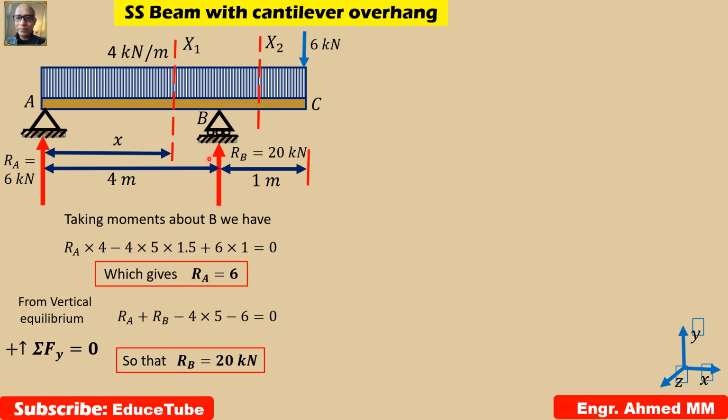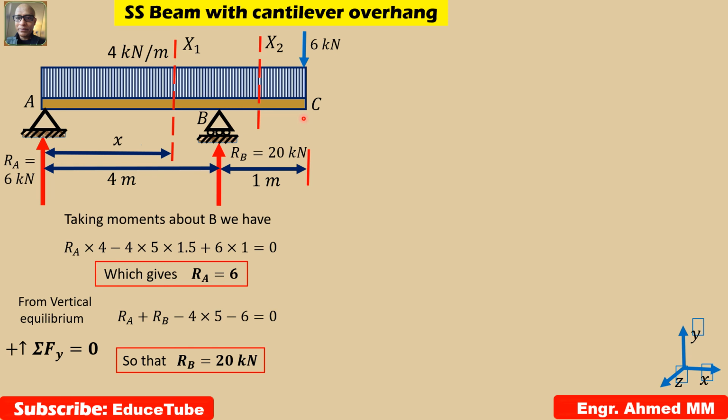Now the support reaction at B produces a loading discontinuity at B, so we must consider the shear force and bending moment at two arbitrary sections of the beam, that is x1 for AB and x2 for BC.